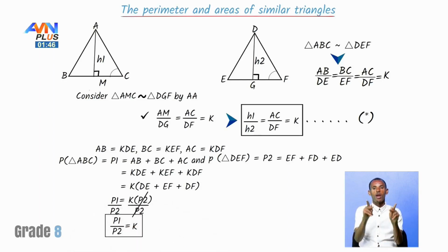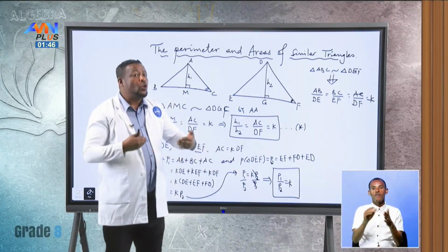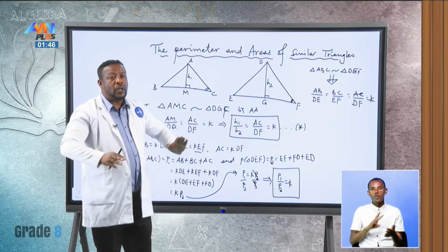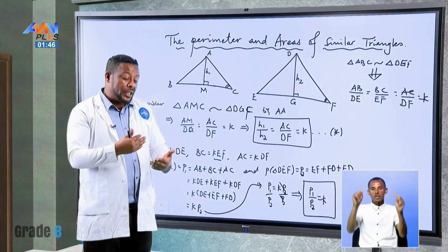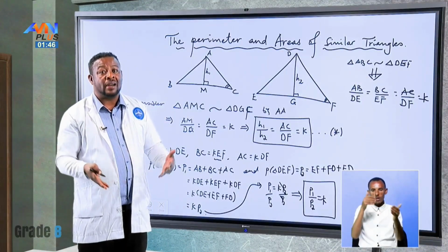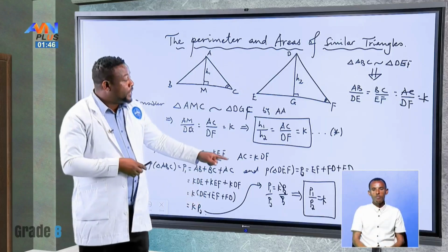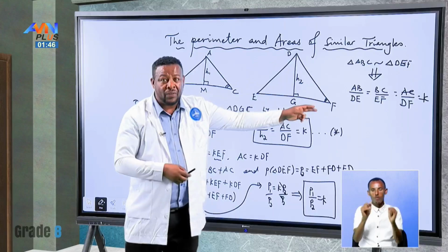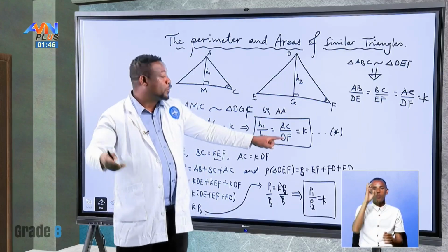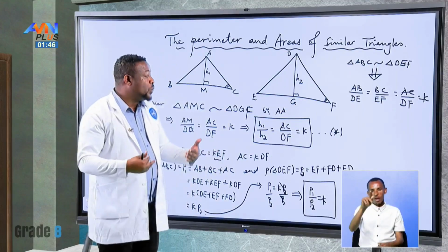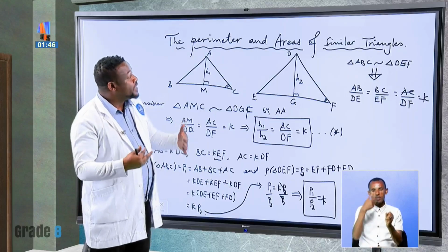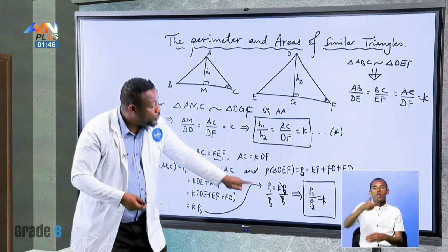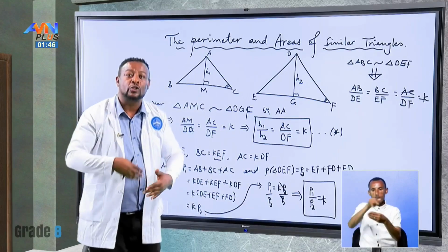Take a few seconds to compare the relationship that we derived here. We all know that if two triangles are similar, the ratio of all corresponding sides is the same. That means if we have AC over DF, you will have a certain proportionality K. So from this, we can say that if two triangles are similar, the ratio of the corresponding altitudes is also constant. The ratio of the perimeters of the two triangles is also constant.